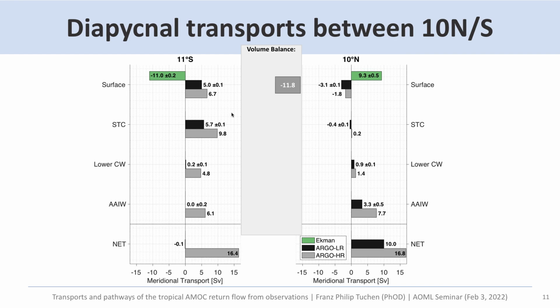So I'll give you an example. What we did for the surface layer is we take the geostrophic transports from Argo data here and reduce them by the Ekman transports in the surface layer, and this leads to an overall divergence of 11.8 Sverdrups for the surface layer.